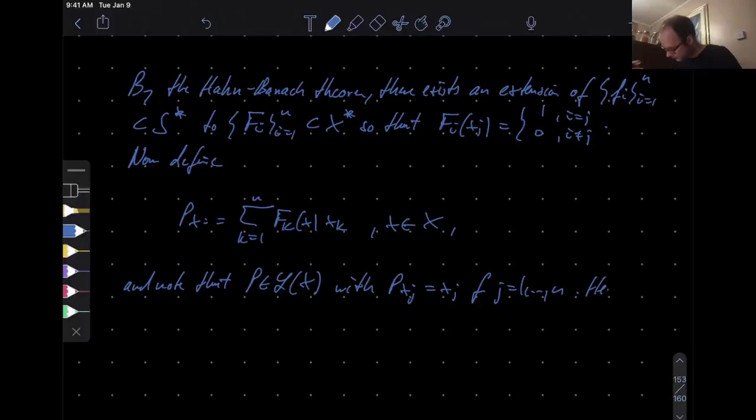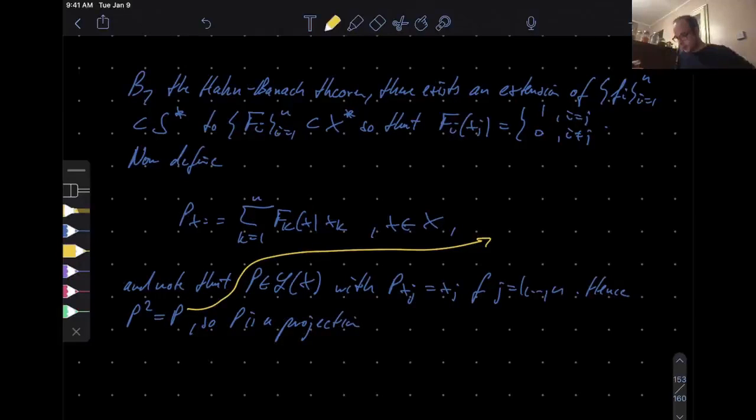Hence, what this tells you is that P squared is equal to P. Okay? So P is a projection. Well, is that clear? So let's do a little computation up here. If you apply P squared on x, what you have to do is substitute P of x into P. So where does this now appear? Well, by construction, it appears in the argument of Fk.